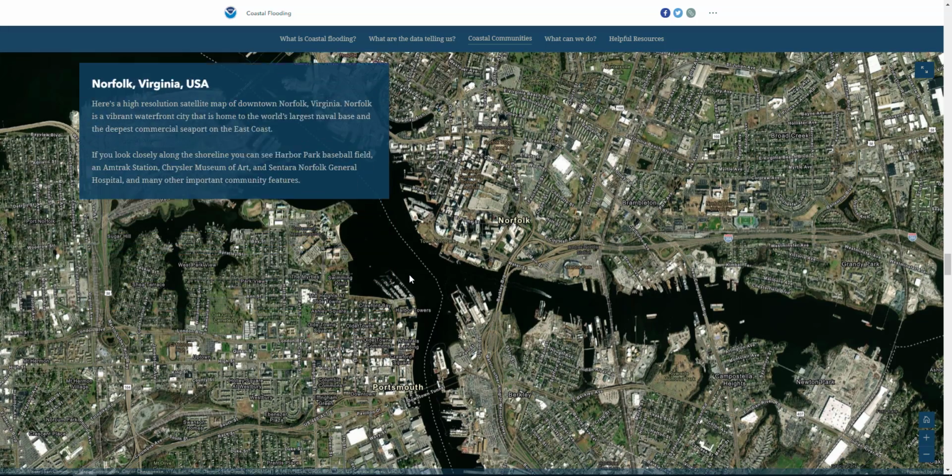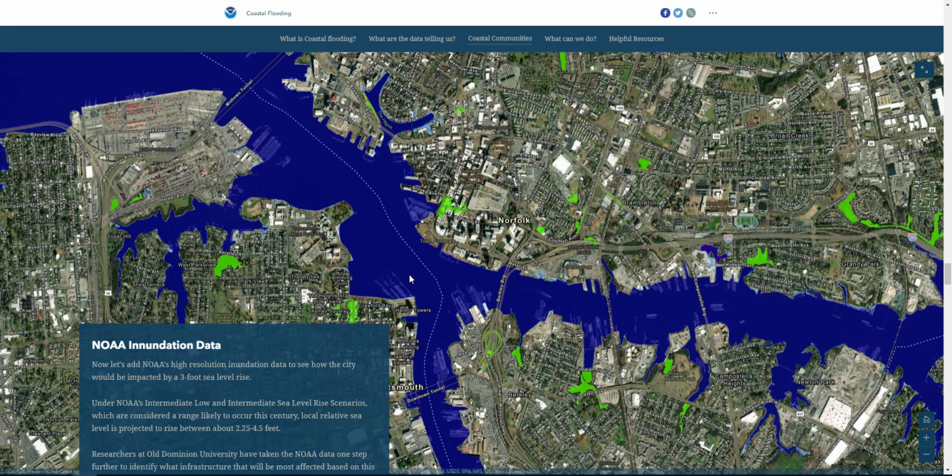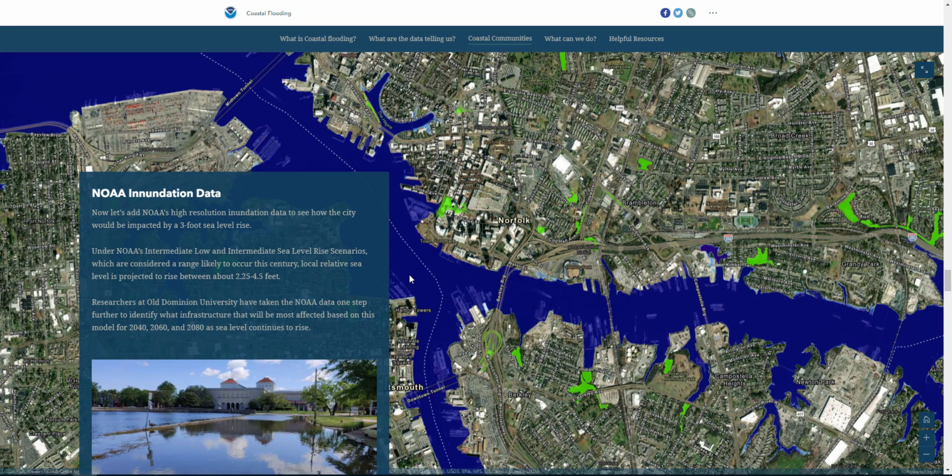And they wanted to see if we had a sea level rise of at least 3 feet, what would that mean for the city and how would it be impacted? So we can start to see, and this brings in NOAA's flood inundation data over this high resolution imagery. So again, you're layering things to see how it correlates with one another, right?